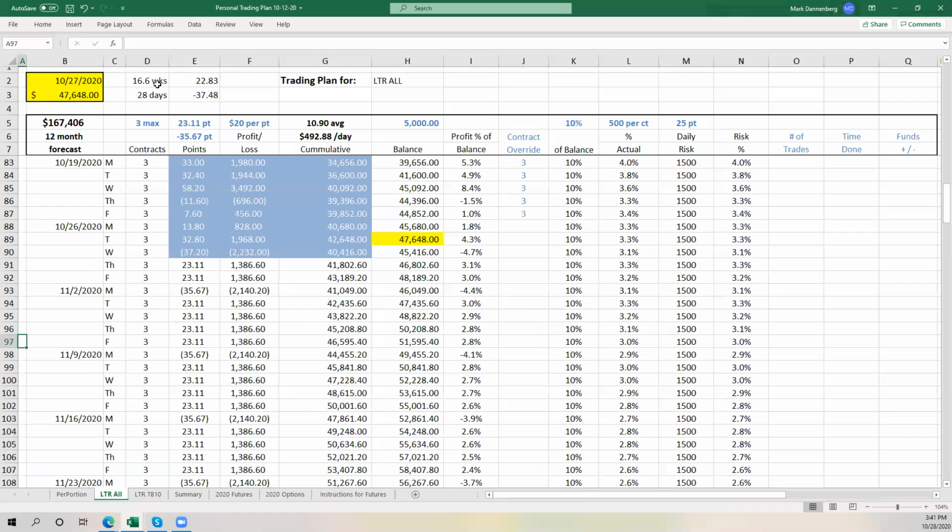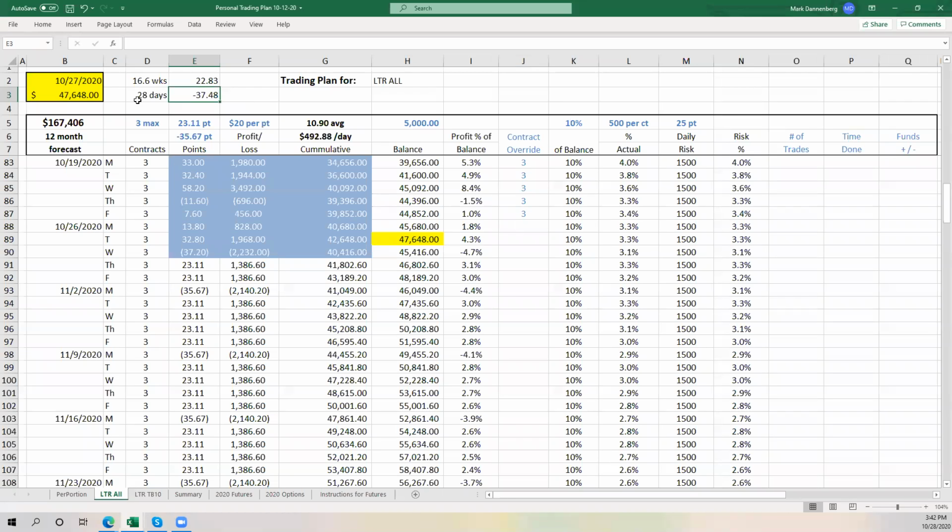All right, so I'm going to jump back over to our 9:30 to noon category. Now that I have the data entered, I'm going to look at these 4 numbers right here. We have 16.6 weeks behind us, and during those 16.6 weeks, there have been 28 losing days. Now, this number is the average of our winning days, and this is the average of our losing days.